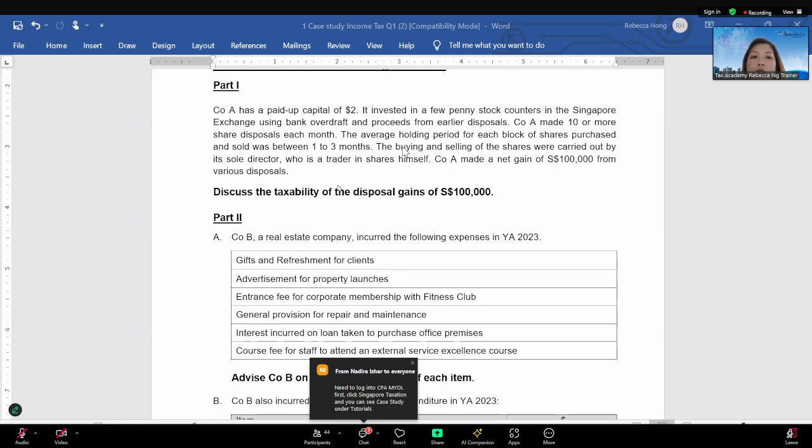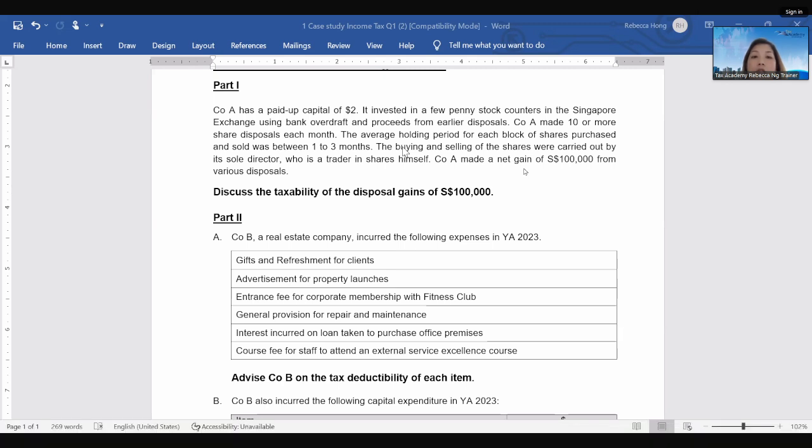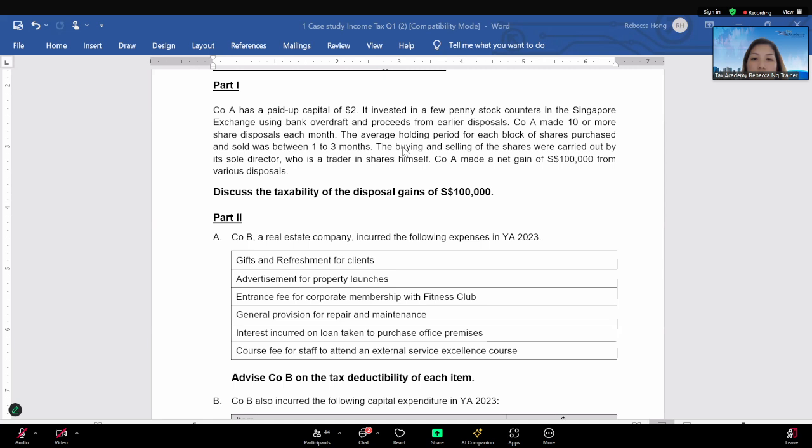So how do they finance this share acquisition? Overdraft and the proceeds from the disposals. If it is an overdraft and proceeds from the earlier disposals, it also suggests trading, right? Because first, the company's paid up capital is only $2.